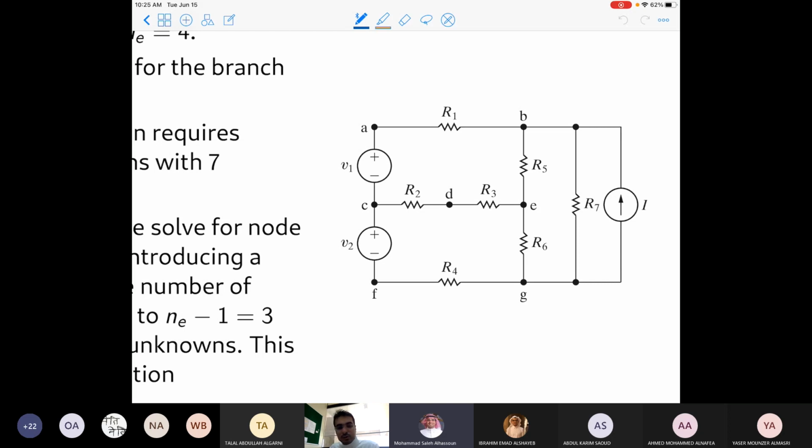An essential node is a node where 3 or more elements are connected. Taking, for example, node B here, we have 4 branches out of it, so this is an essential node. In contrast, node A is not an essential node because it connects only 2 elements.